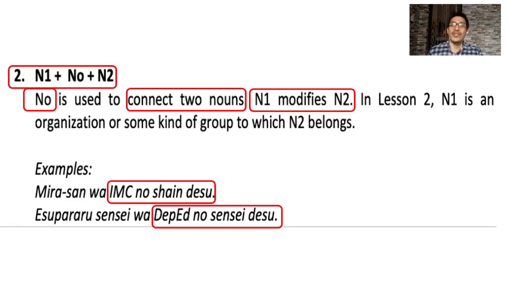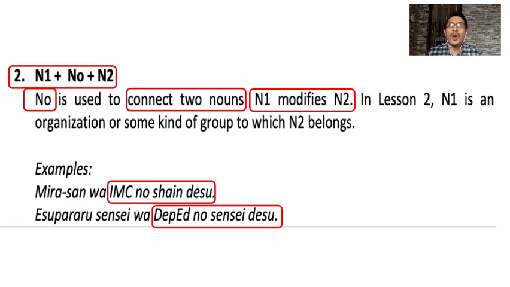So what kind of teacher? DepEd teacher. Okay, so noun 1 is the organization to which noun 2 belongs. So DepEd no sensei. Okay, so in your case, CPSU no gakusei. So you are CPSU students. So CPSU no gakusei. Okay.